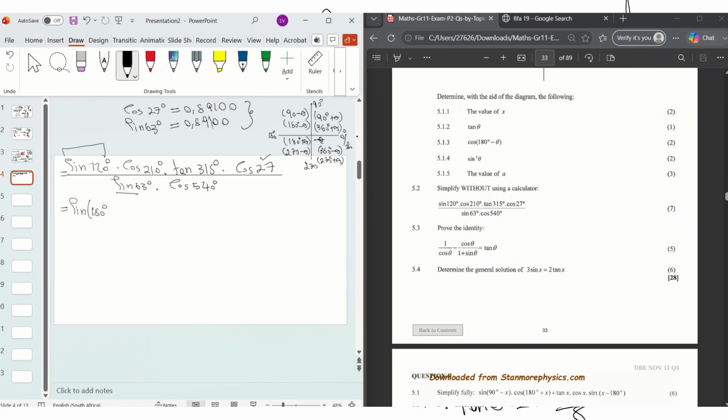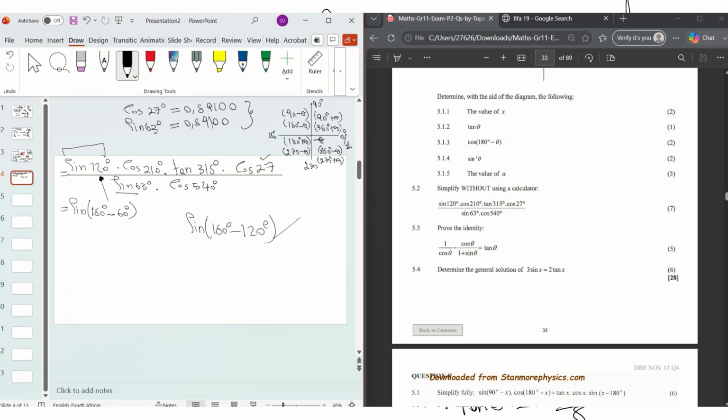So when you reduce 120, it will be 180 minus 60. Guys, please, the angles inside the reduction, when you add or subtract them, must always give you the angle that you're given in the question. The mistake you tend to make is to say sine of 180 minus 120.